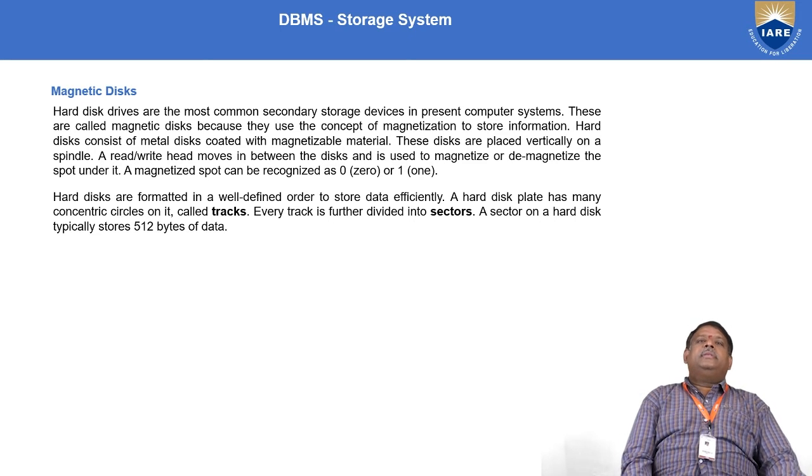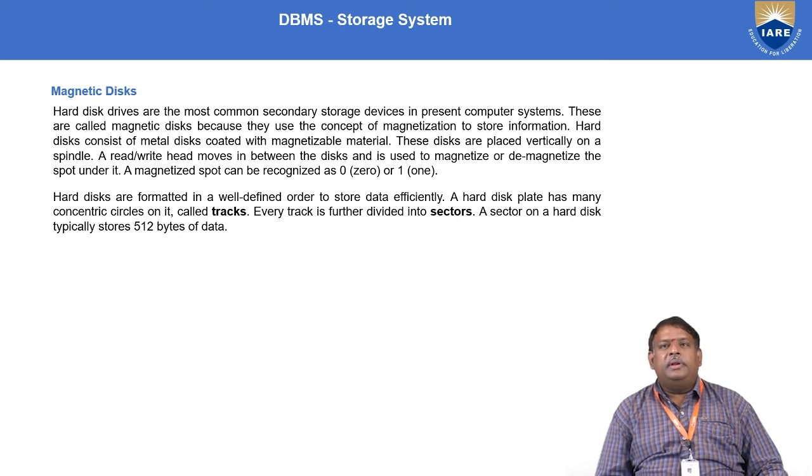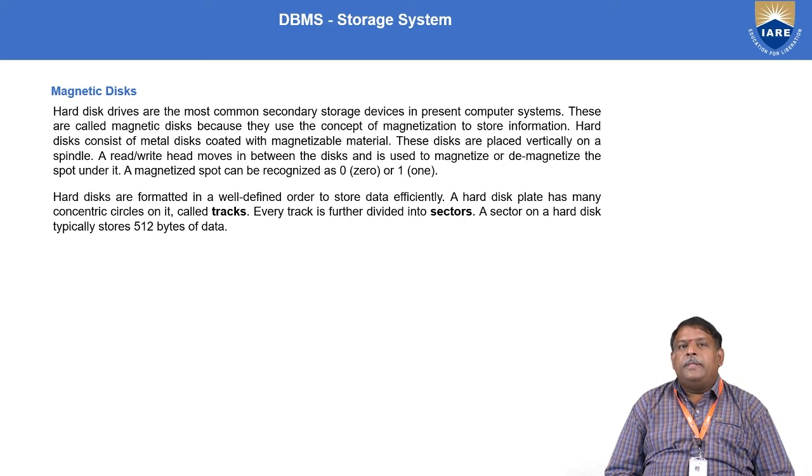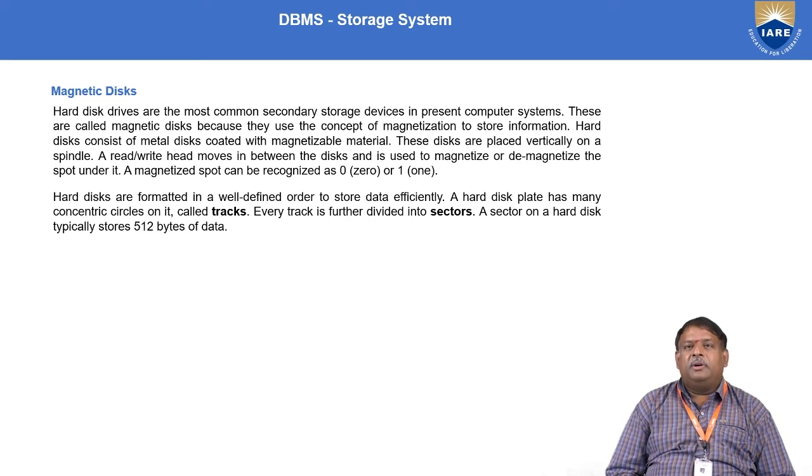Hard disk drives are the most commonly used secondary storage devices in present computer systems. These are called magnetic disks because they use the concept of magnetization to store information. A hard disk consists of metal disks coated with magnetizable material, placed vertically on a spindle.